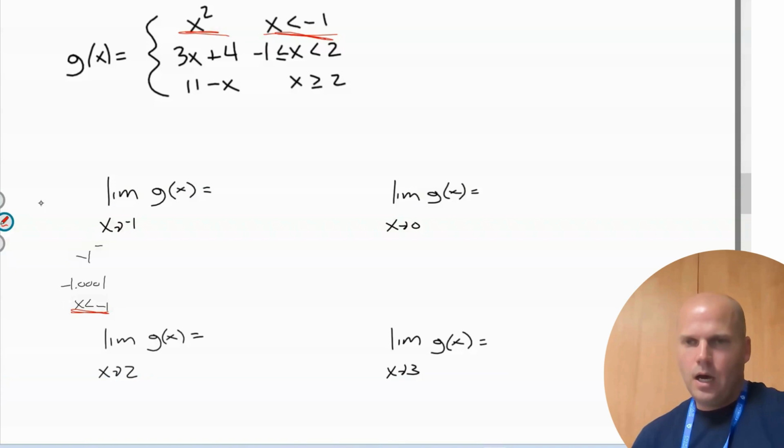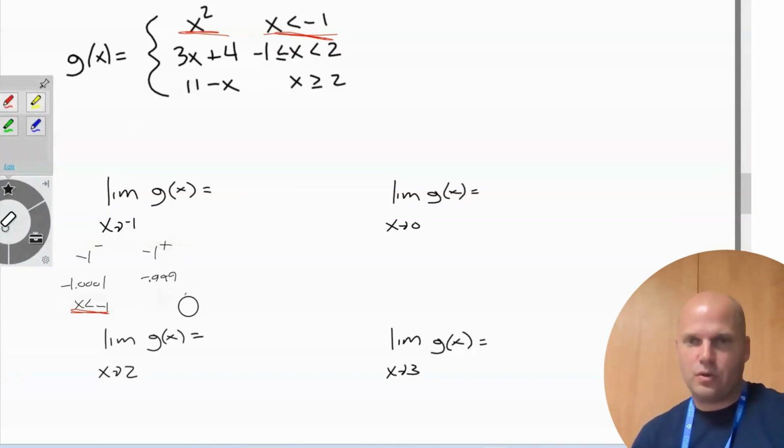Okay, cool. If I did negative 1 from the right, then I'm talking about negative 0.9999. That is a number bigger than or equal to negative 1, but is also less than 2. So this actually falls into this interval where we are between negative 1, including negative 1, and 2.